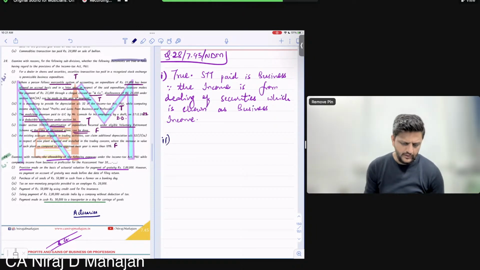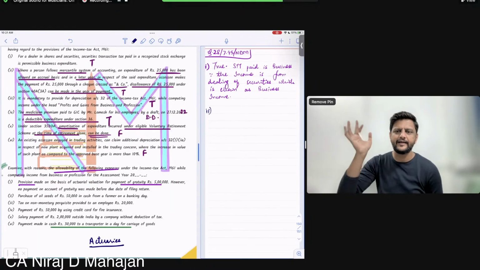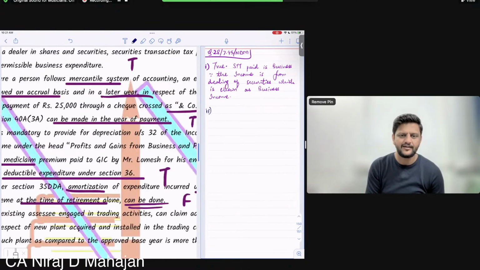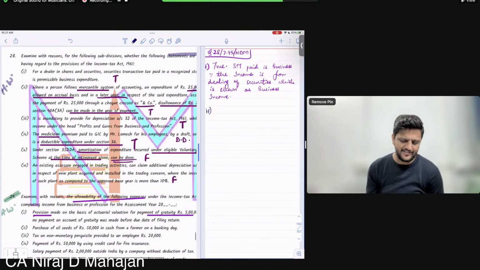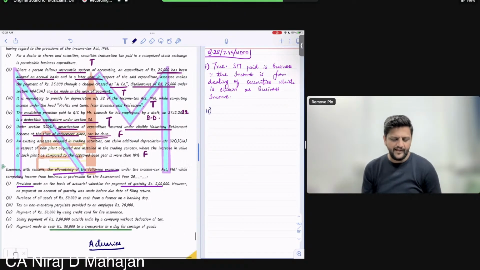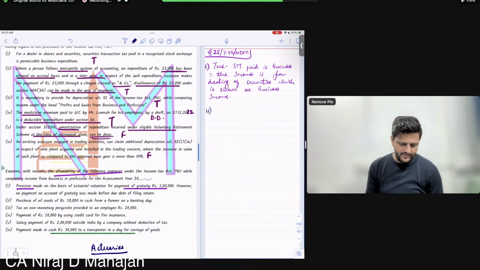Second was what? Mercantile system. Remember mercantile, also called accrual. Cash system and mercantile. An expenditure of 25,000 was allowed, but in a later year the payment was done.